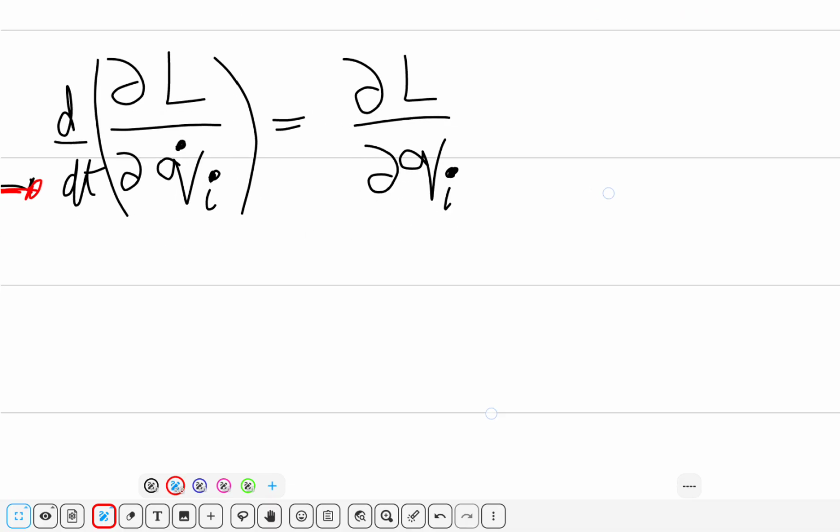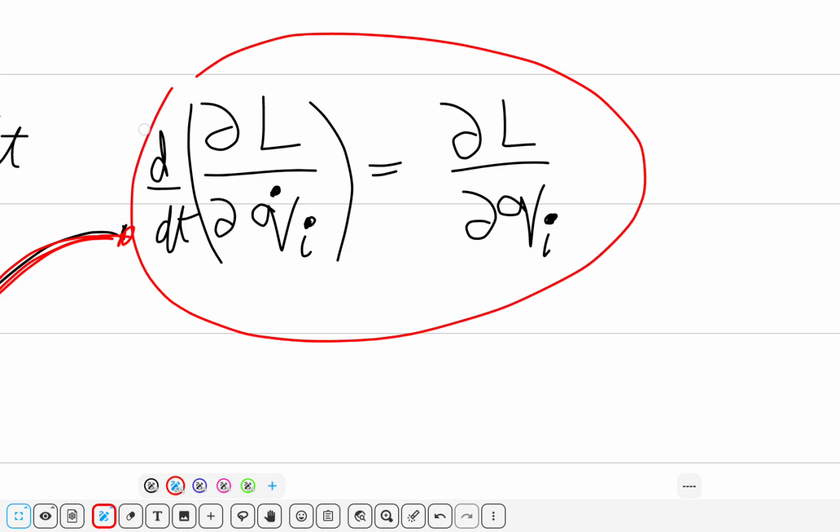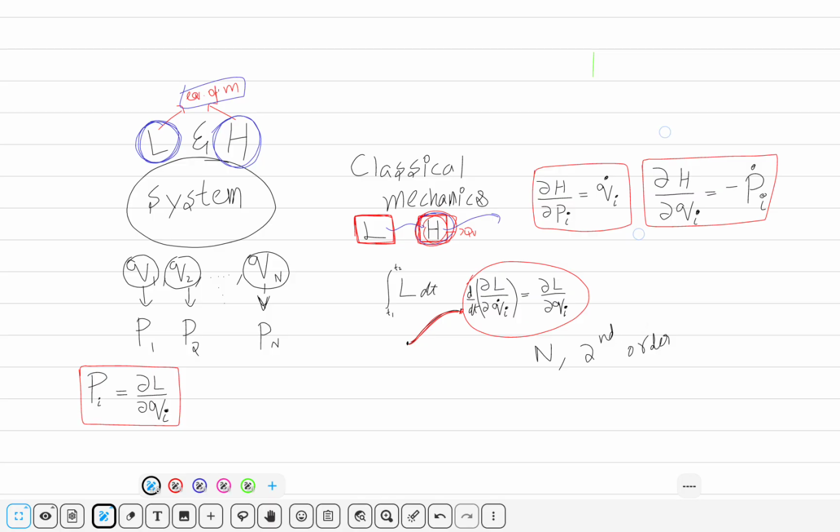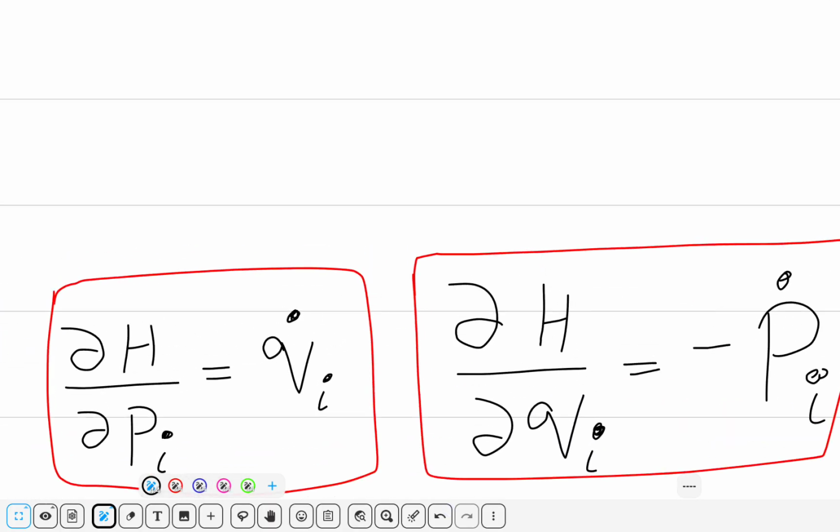So the thing is, here you get n equations, right? Total n equations, because you have n coordinates, and all of them will be second order. But what we did here is, instead of n equations, we did a bargain. We said, okay, we don't want n equations, we are okay if we get 2n equations.